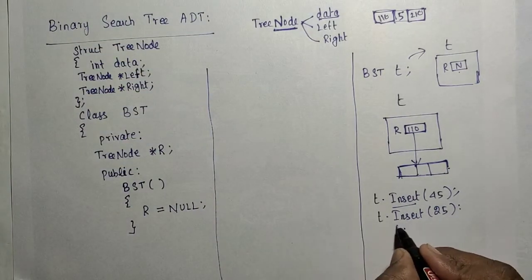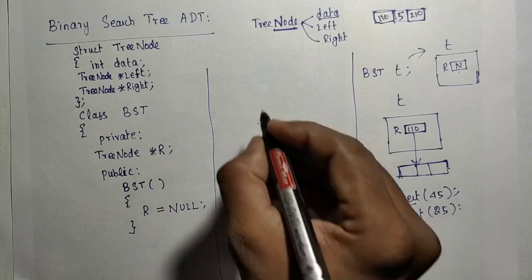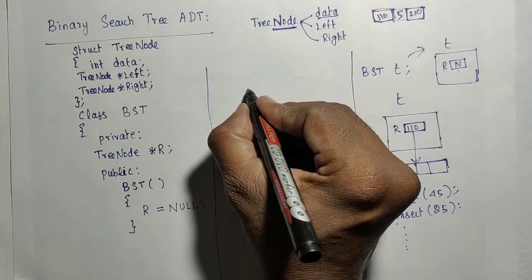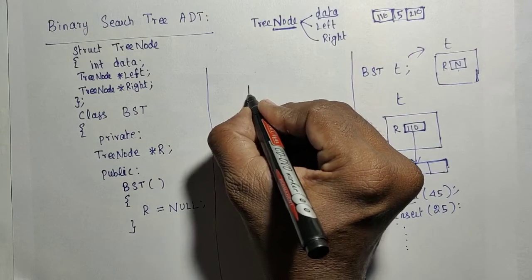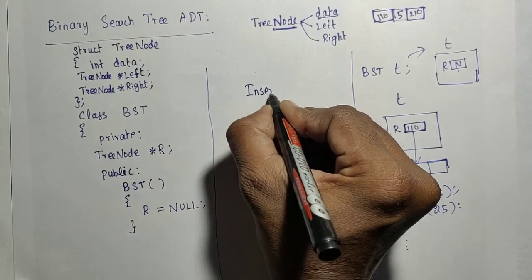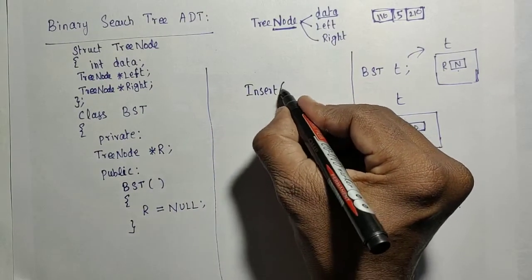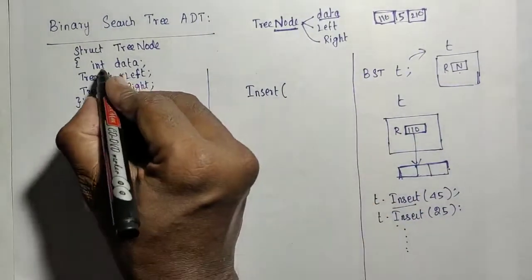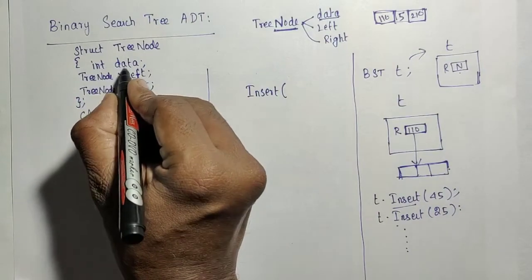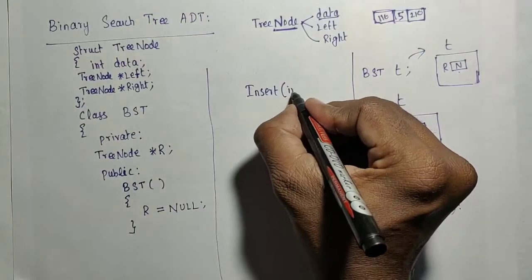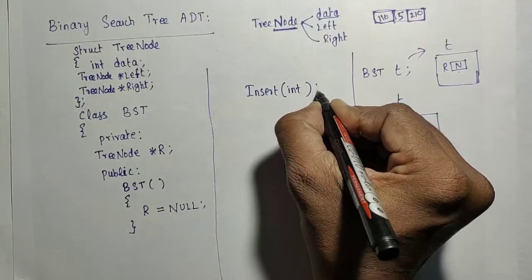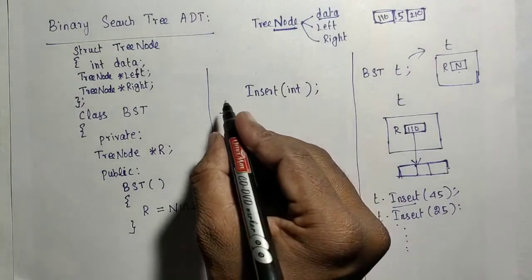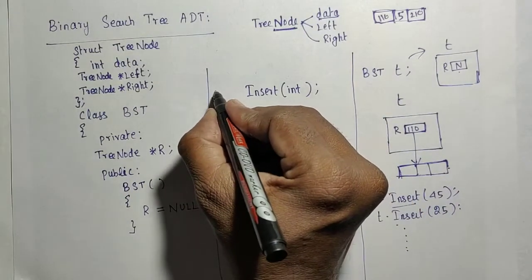So I need to add one function, insert. The input type depends on the type of the data. If it is an integer, here also I have to use int. The output is boolean, that is, whether it is a success or not.